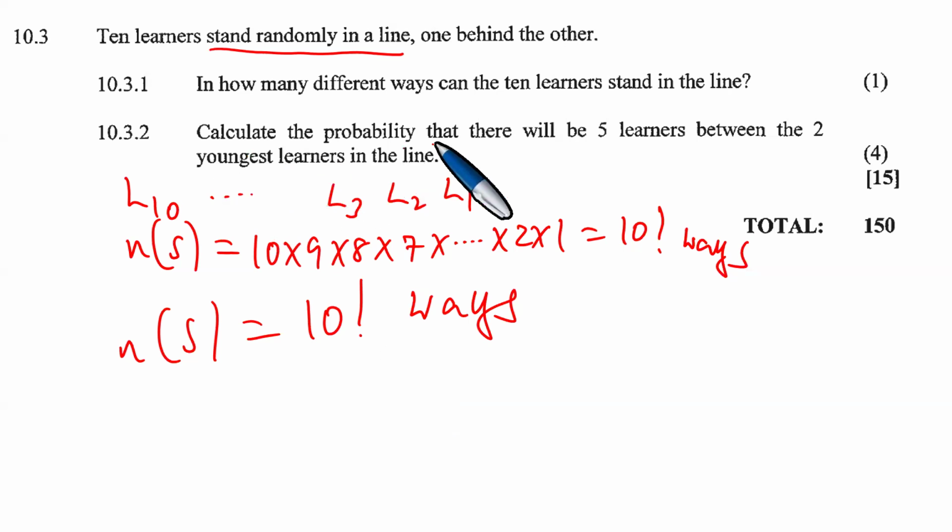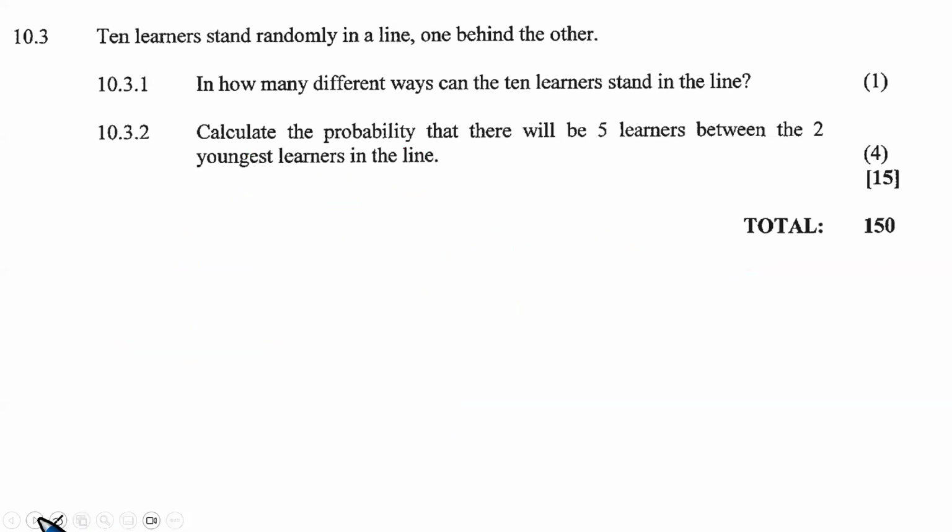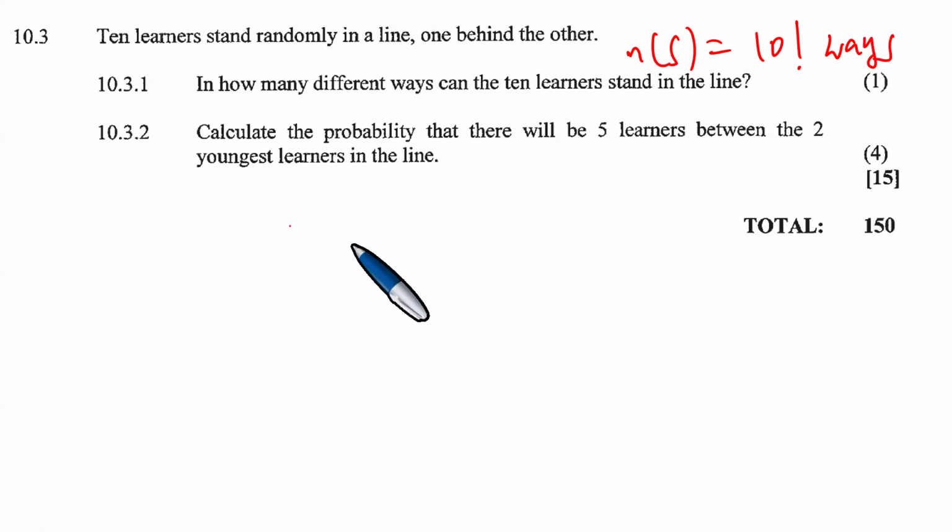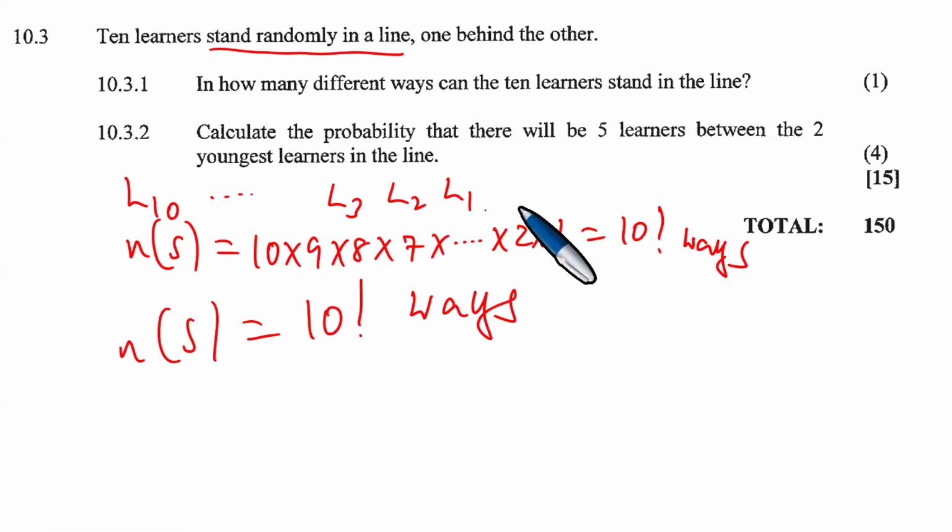Now, let's look at the next question. The number of elements in the sample space is 10 factorial ways that the learners can stand in the line. Why is it like this? It is like this because the learners randomly stand in a line.